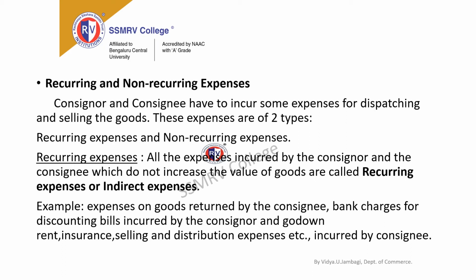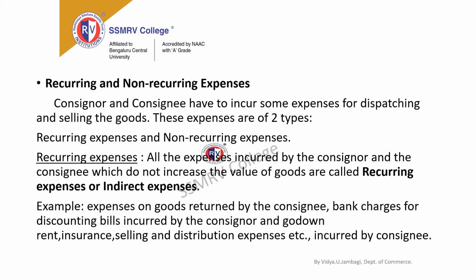So these expenses are of two types: recurring expenses and non-recurring expenses. First, what are recurring expenses? All the expenses incurred by the consignor and the consignee which do not increase the value of goods are called recurring expenses or indirect expenses.